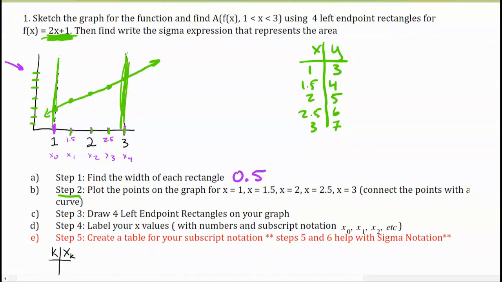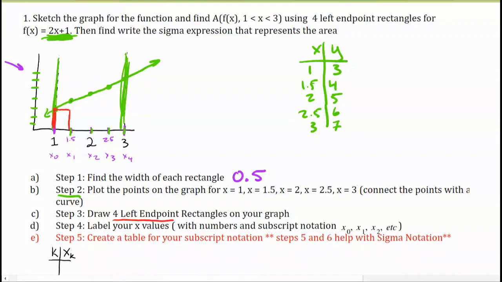So step 4 is to draw the four left endpoint rectangles. Here's the first time that the left endpoint piece comes into play. Left endpoint means that each endpoint that we use is going to be the left side of my rectangle. For example, for my first one, I go up to this first point and then go straight across and down.